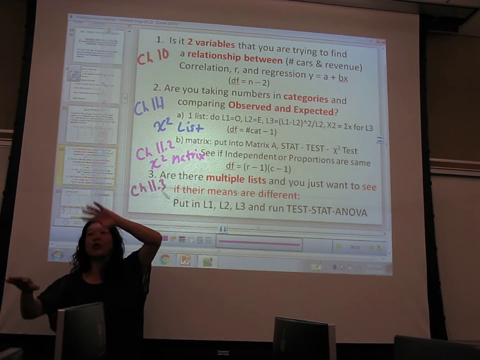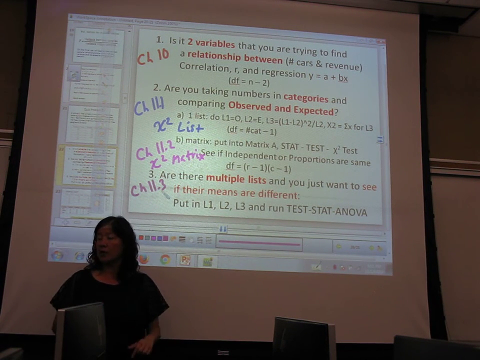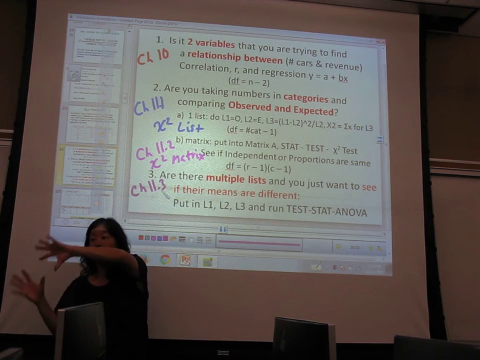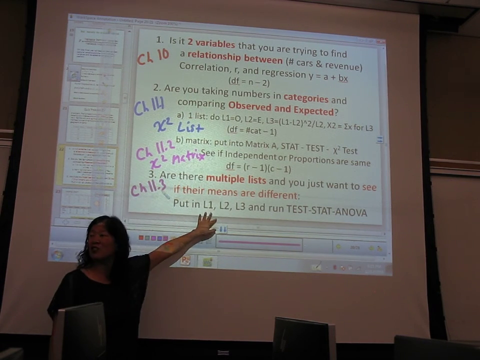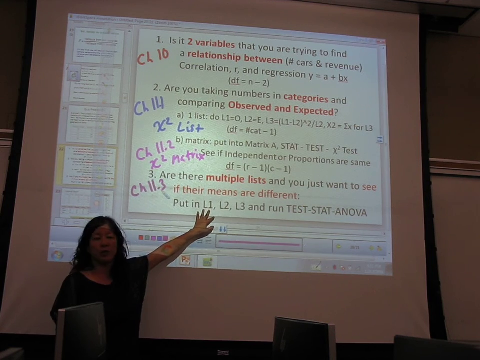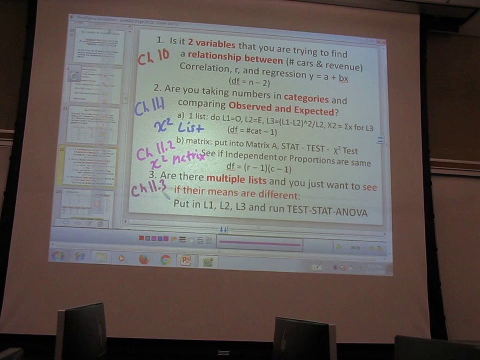If you have categories here and here, then you're looking at the matrix. The lists only have categories across the top or alongside, one or the other, and then numbers out this way. There also should say means or averages somewhere in there. Okay, great. This is ANOVA.